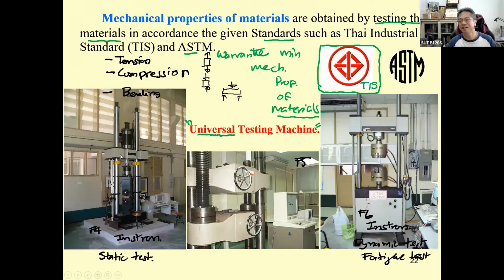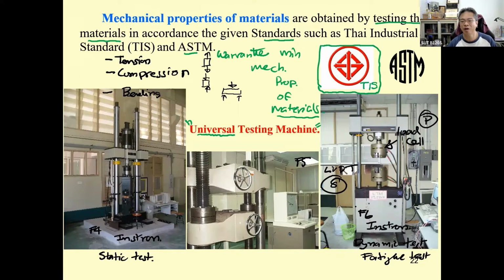So the testing machines in our engineering faculty are kind of expensive. And again, over here we have this one. This is not a hydraulic ram. This has a load cell that is used to measure the force. And in the machine, they have an LVDT, linear variable differential transducer, to measure the deformation of the test specimen.